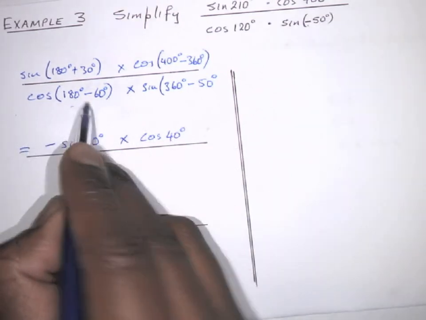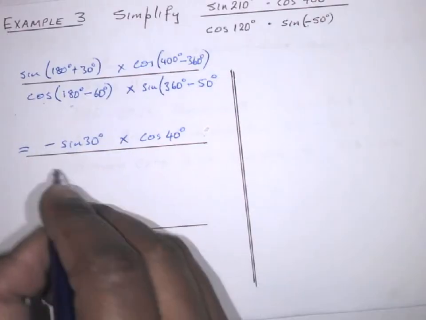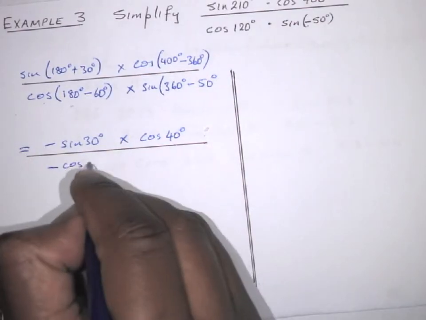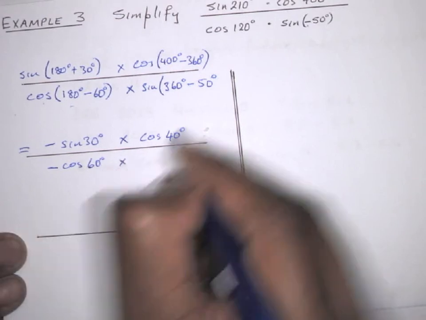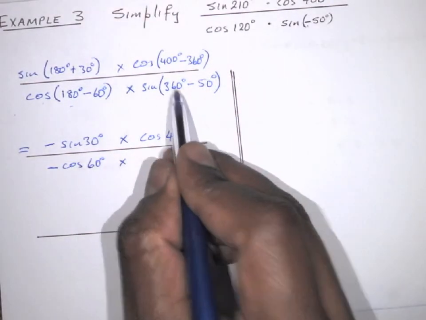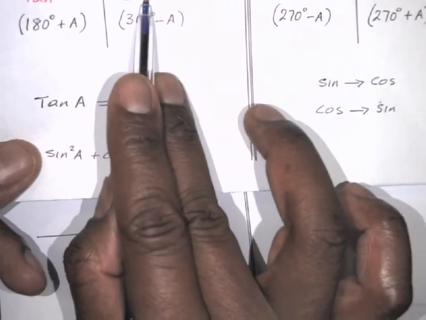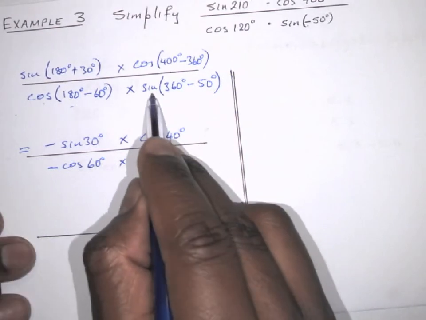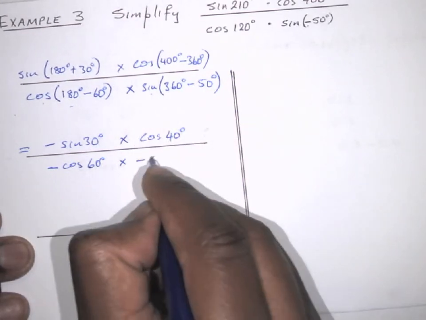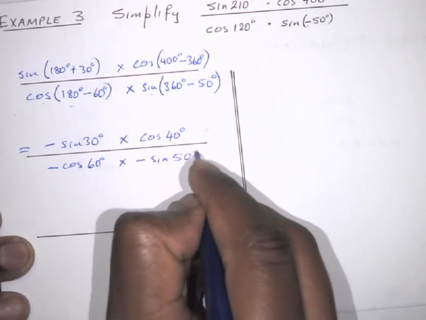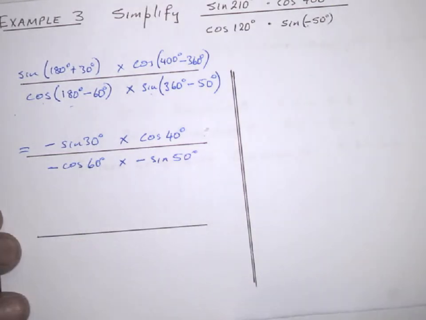Now what about this one here? In this quadrant here, cos is negative. So the answer will be a negative cos of 60 degrees, which is multiplied by, and this quadrant over here is where cos is positive, but this is sine. So the sine is going to be a negative sine of 50 degrees. So what am I left with?